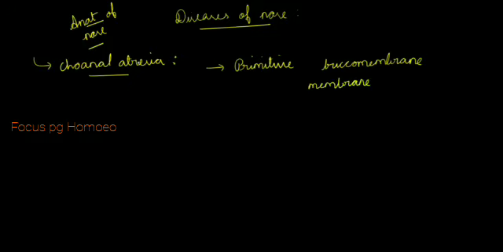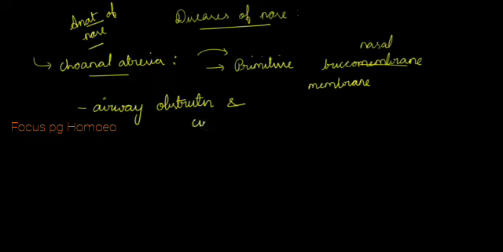So here in case of choanal atresia, it is because of the persistence of primitive bucco-nasal membrane. Okay. So here the main symptoms were airway obstruction and cyclical cyanosis.